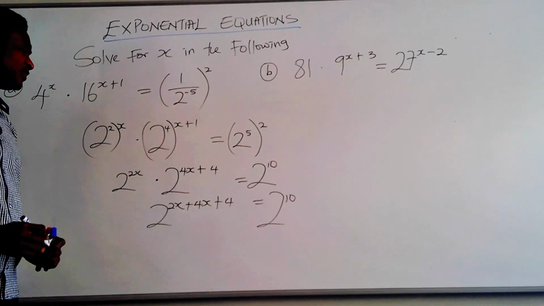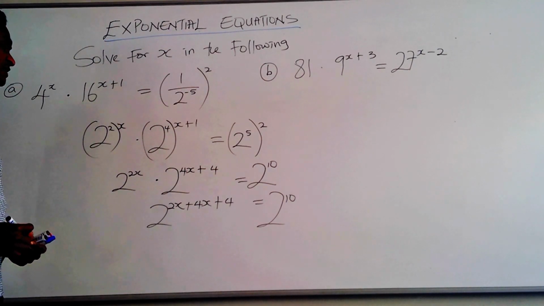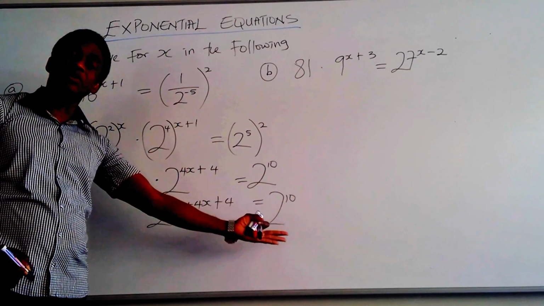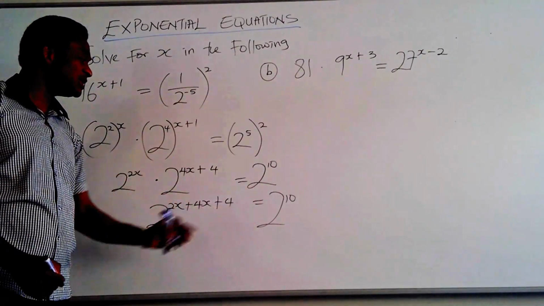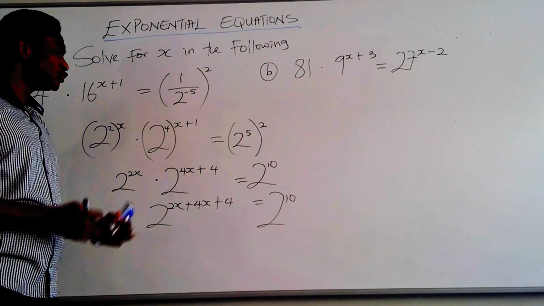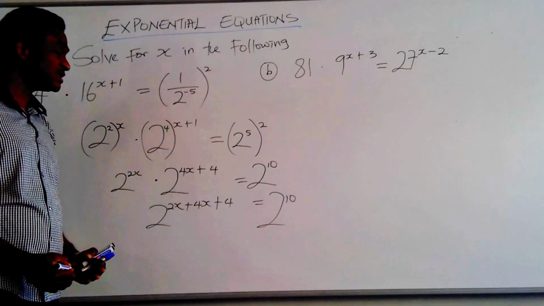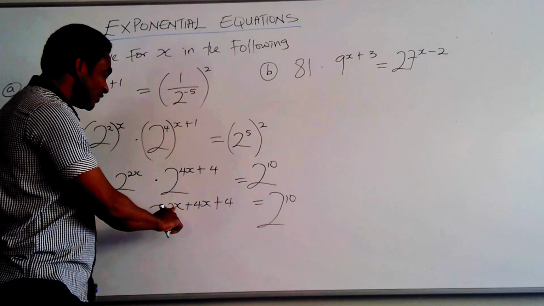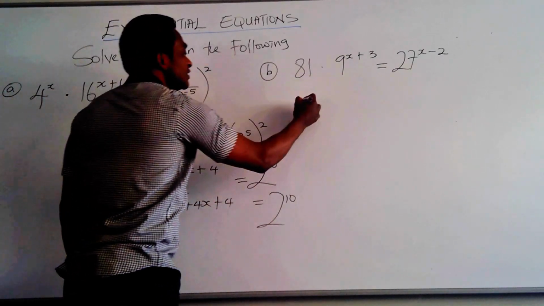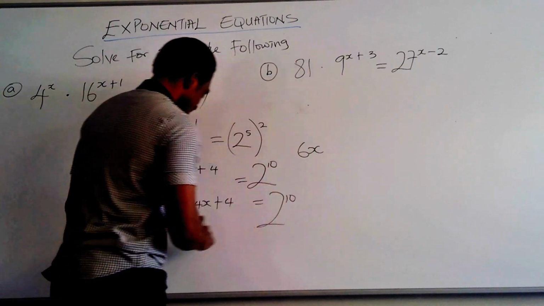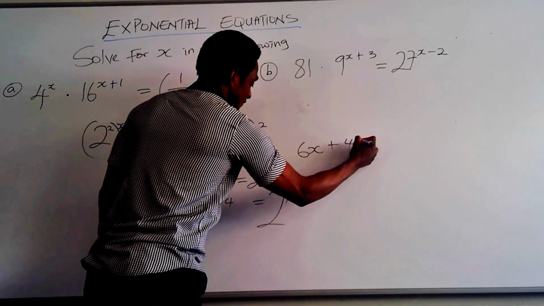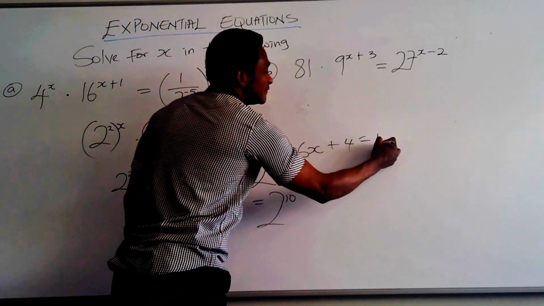Now the next step for exponents says that when you have 2 exponents of the same base being separated by an equality sign, the law says drop the bases and take the exponents. So we have 2x plus 4x is 6x. We have 6x plus 4 equals 10.